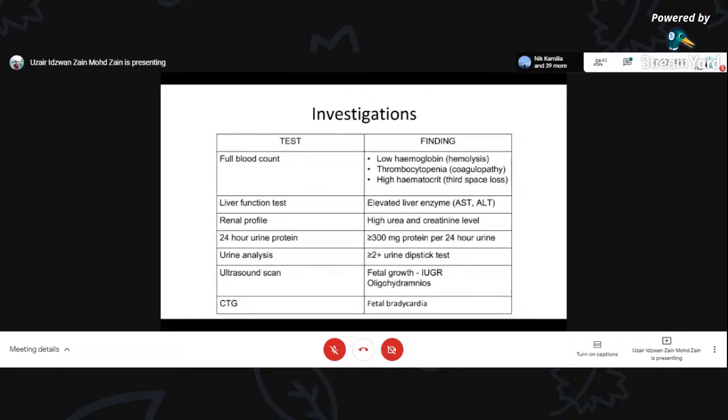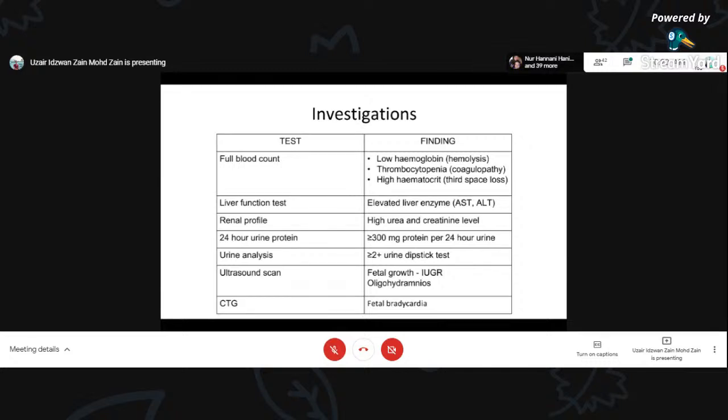So the newer guideline suggests that 24-hour urine protein is no longer routinely done because it can be replaced with protein creatinine ratio and also albumin creatinine ratio, because you did the liver function test and renal profile, so you can easily calculate the protein creatinine and also the albumin creatinine without having to wait for 24 hours and only then get the diagnosis of preeclampsia. So it's long, and it cannot be done as an outpatient.